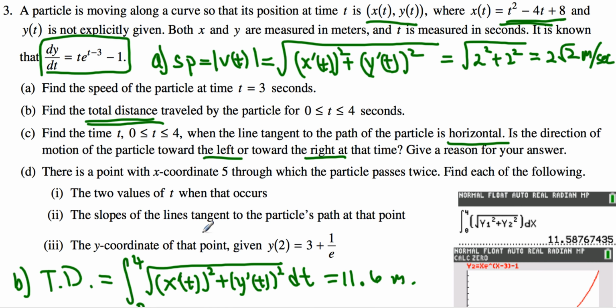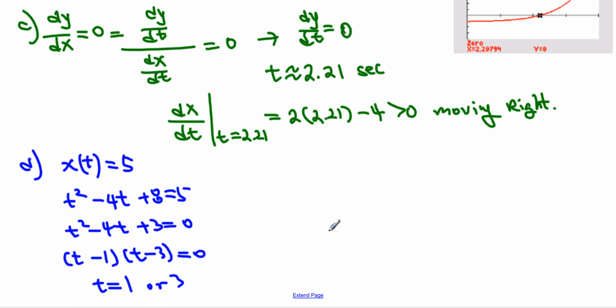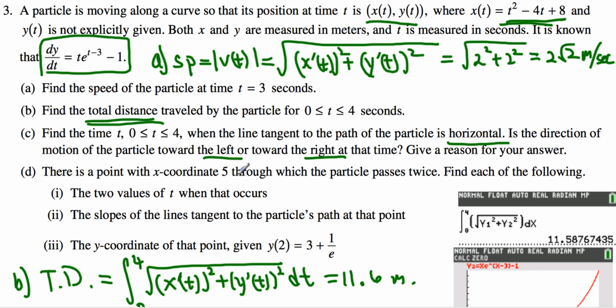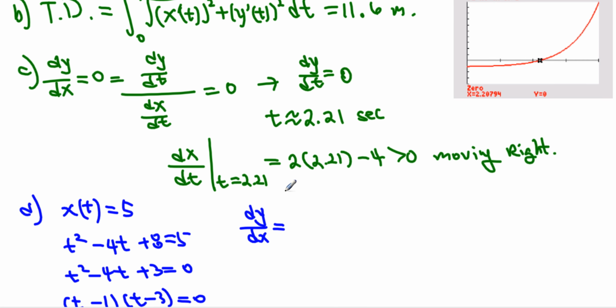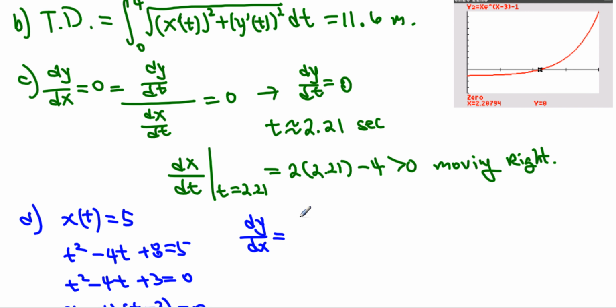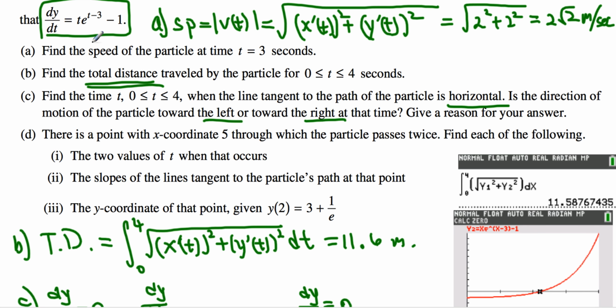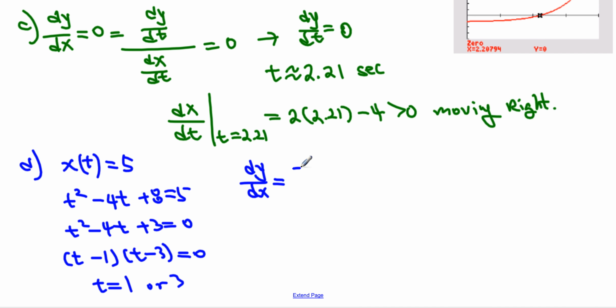Now, the slope of the line tangent to the particle at that point. Slope basically means dy over dx. Earlier, what we have done is dy/dt, which was t e^(t-3) minus 1, over dx/dt, which was 2t minus 4.